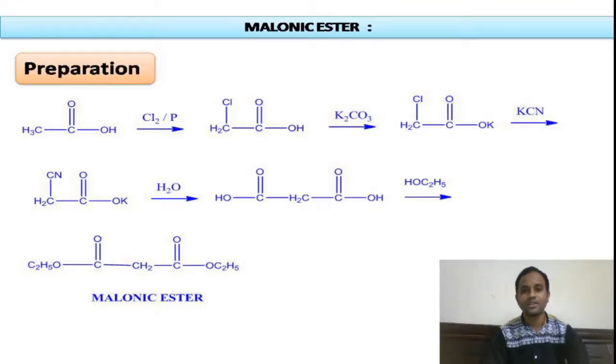So from the potassium salt of cyanoacetic acid we can get the malonic ester in two steps. The first step involves hydrolysis of the cyano group, the second step involves esterification of the formed carboxylic acid groups. Right? In this way we can prepare the malonic ester.